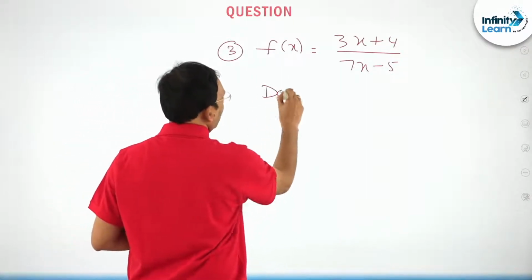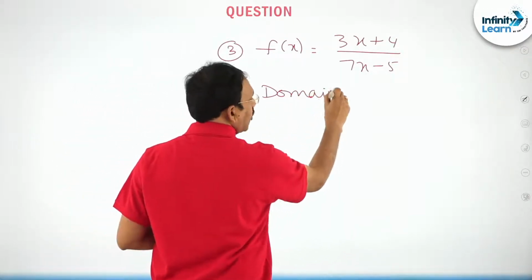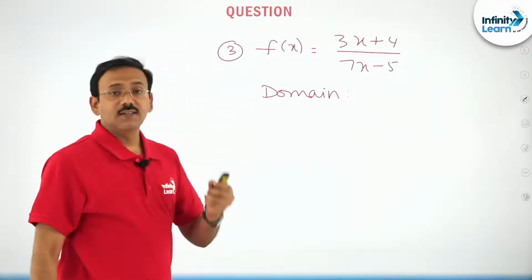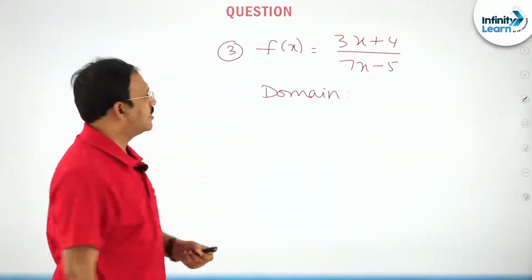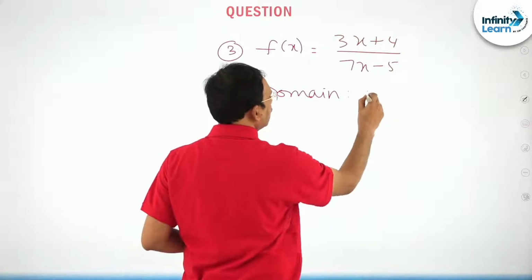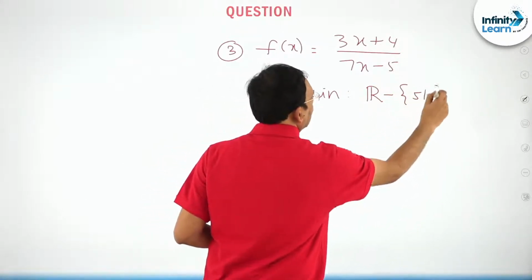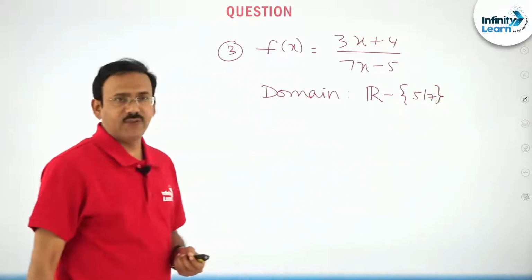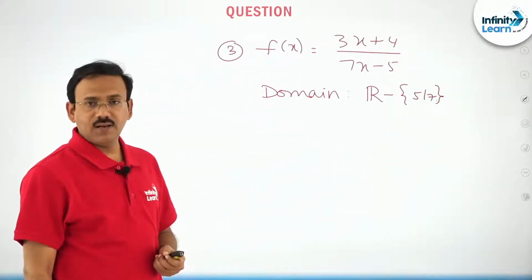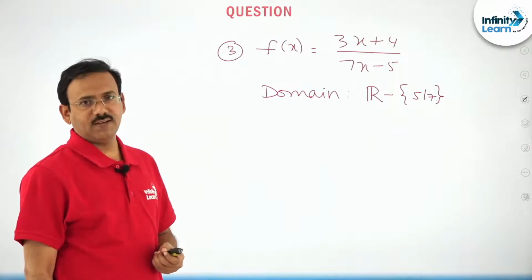What is the domain of this function? As we have talked in the last class, the denominator should not be 0. So the domain must be all real numbers except 5 by 7.